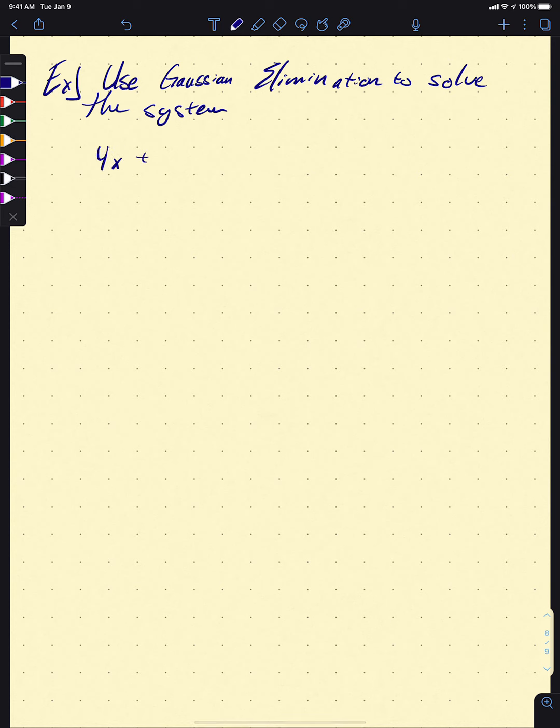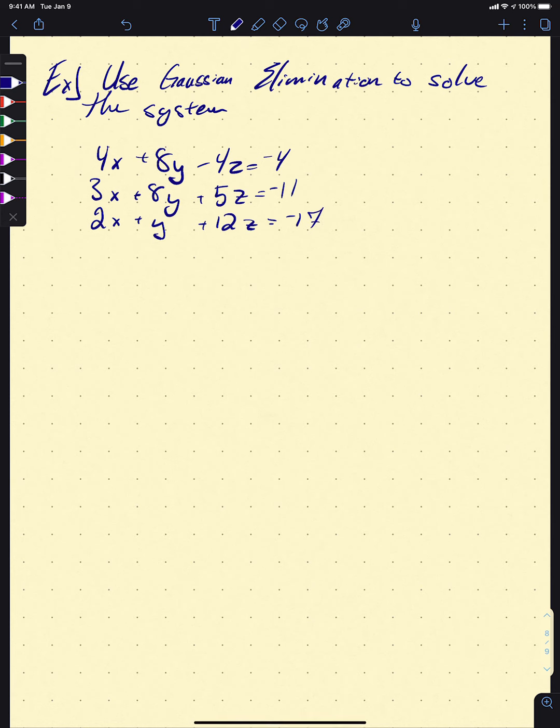We'll have 4x plus 8y minus 4z equals -4. We'll have 3x, once again, plus 8y, and now plus 5z equals -11. And we'll have 2x plus y plus 12z equals -17. And one thing of note before we get started, this 4 should be positive, and that 2 should be negative.